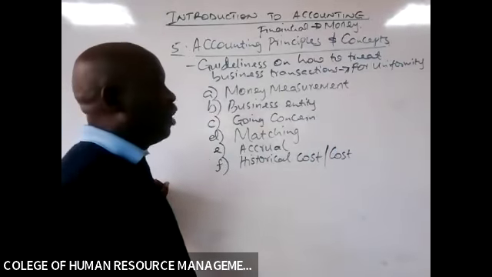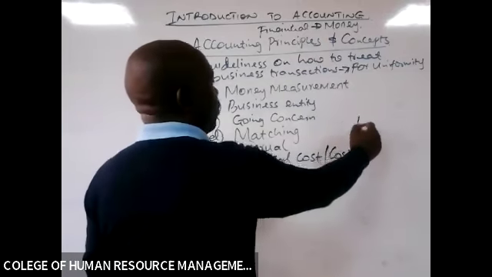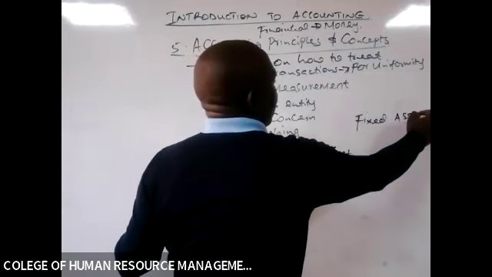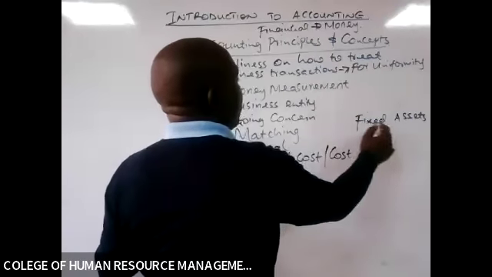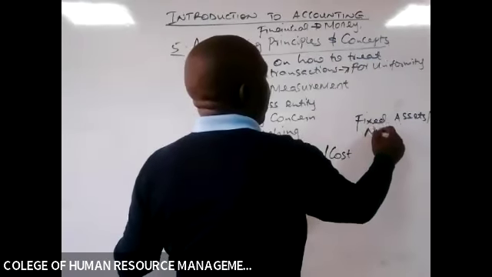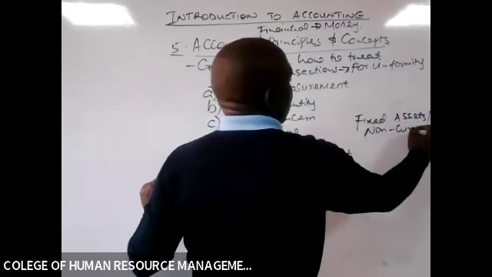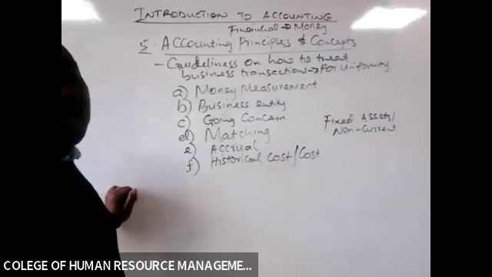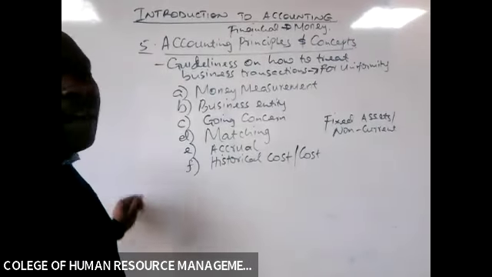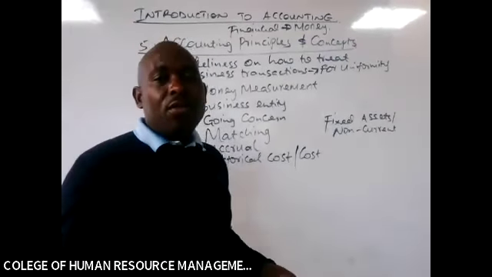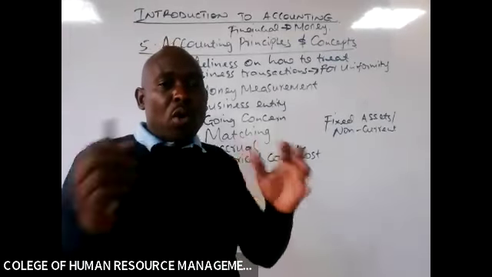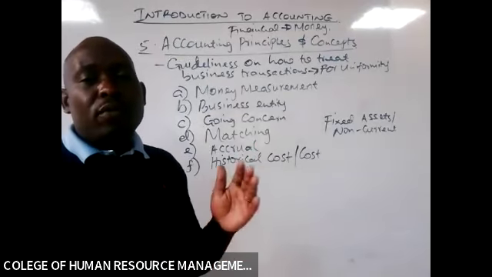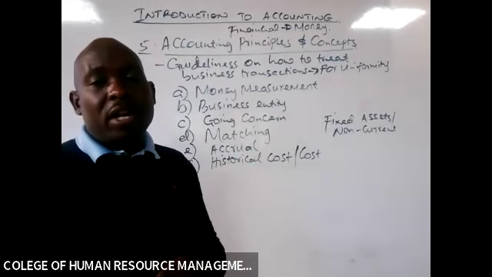The historical cost normally touches on the items known as the fixed assets. Sometimes we refer to them as the non-current assets. These are long-term assets. Those assets or resources, once you acquire them, the business will enjoy them for a long period of time, a period exceeding one financial year.